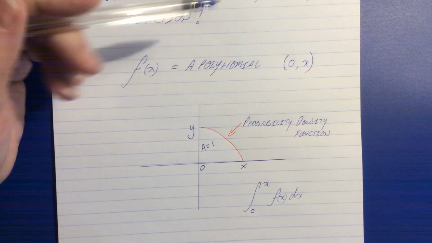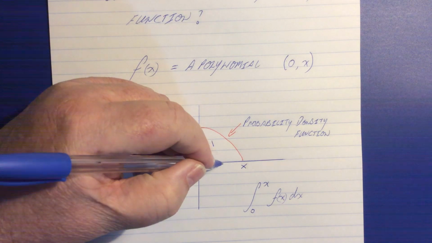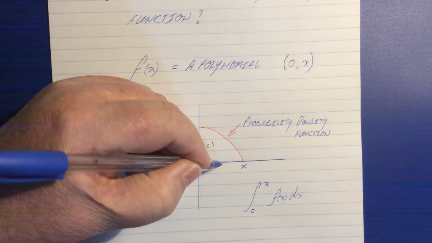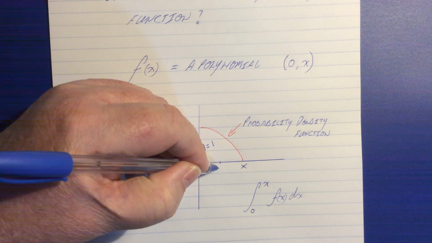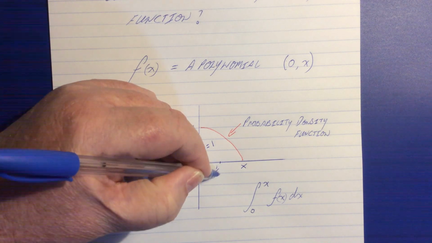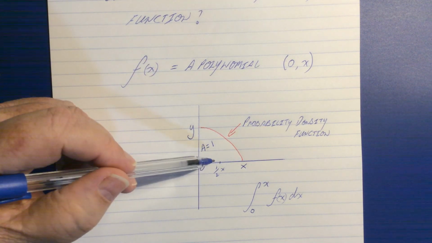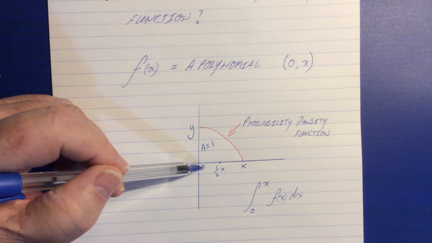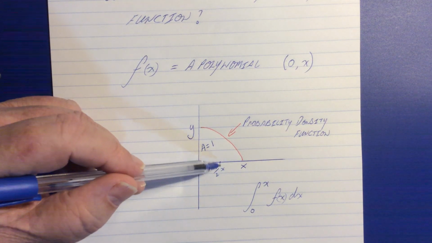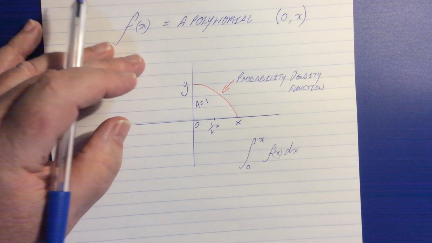So if we wanted to know, let's just say that if that is x, this point here is a half x. If we wanted to know what the probability of an event was between 0 and half x, this is what we would do.